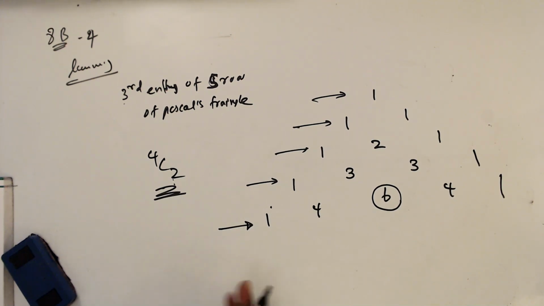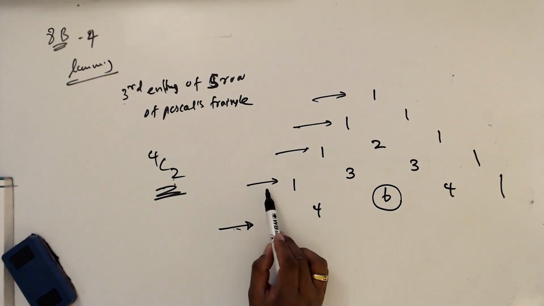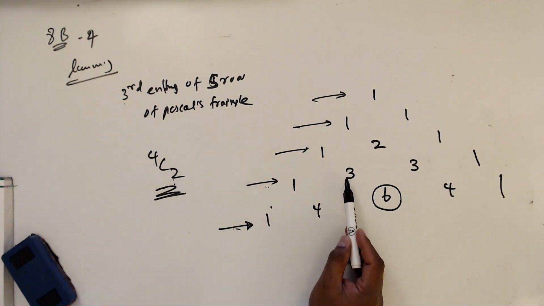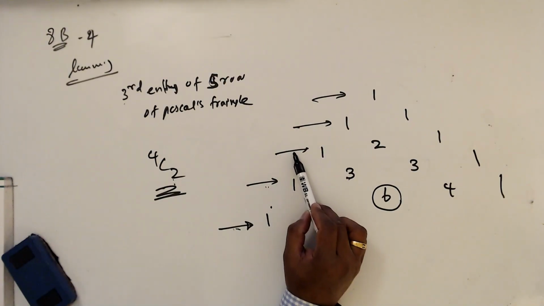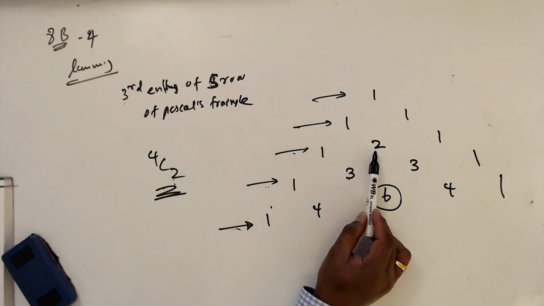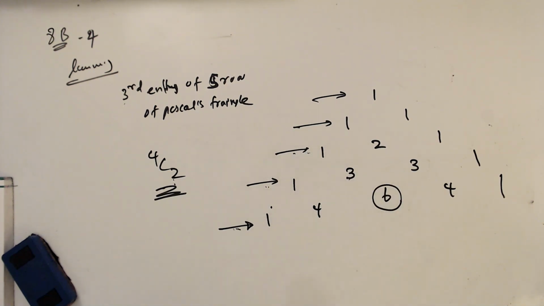So how are we going to calculate? We know that if it is fifth row, the power is going to be 4. If it is fourth row, power is going to be 3. Third row, power is going to be 2.